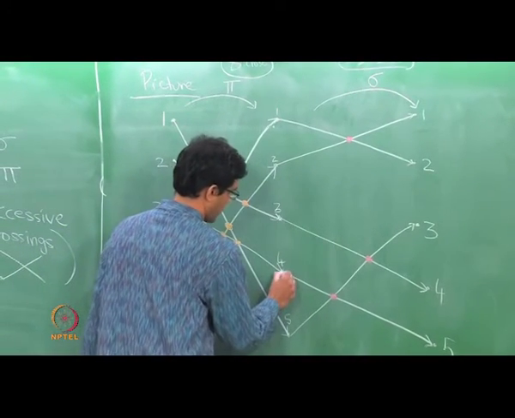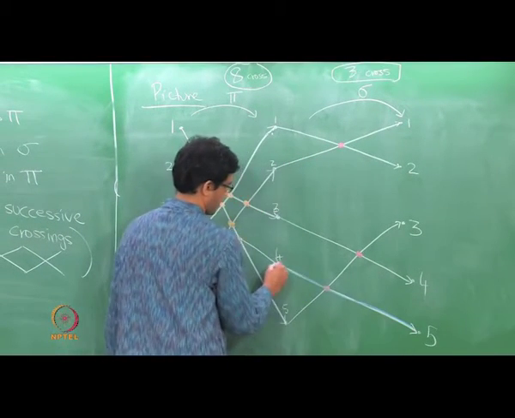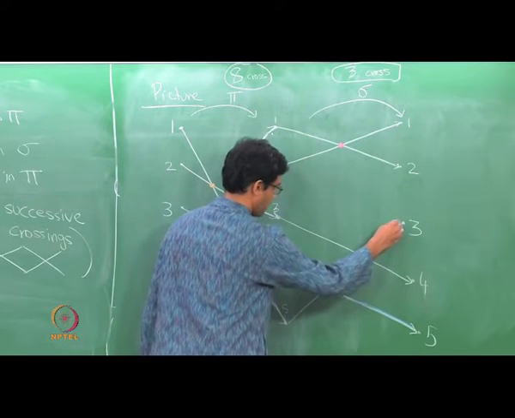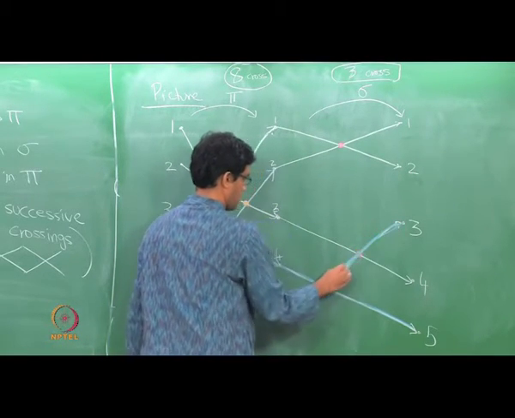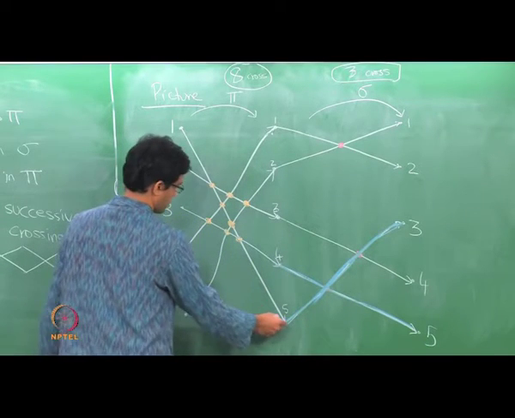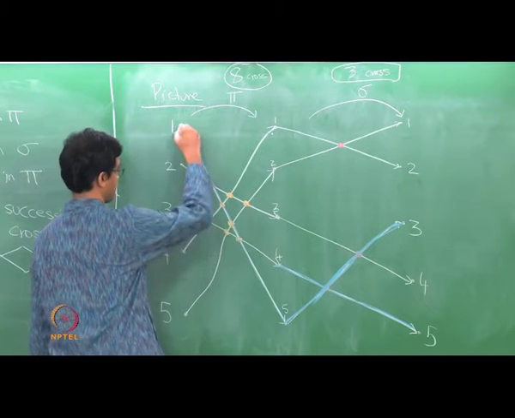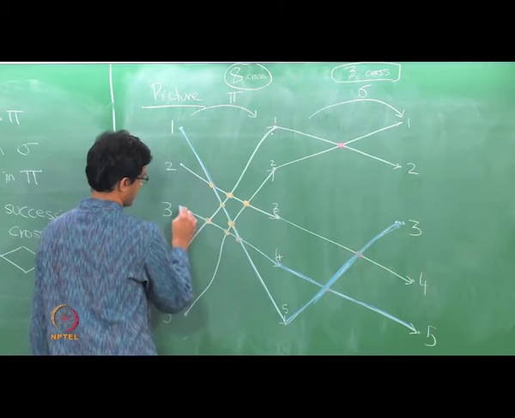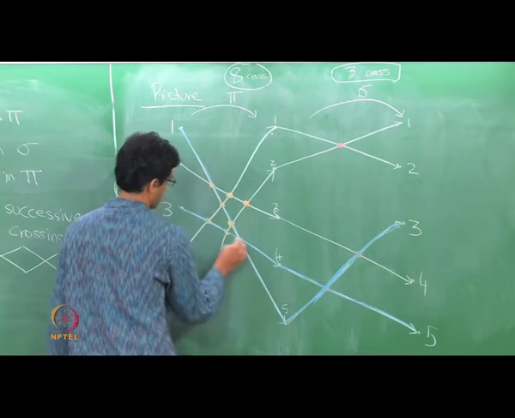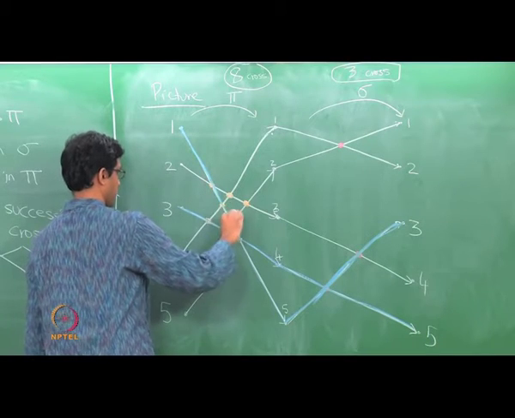I look at this configuration between 4 5 and 5 3, and 1 going to 5 and 2 mapping to 3 mapping to 4. So here is one successive crossing that is highlighted in this diagram.